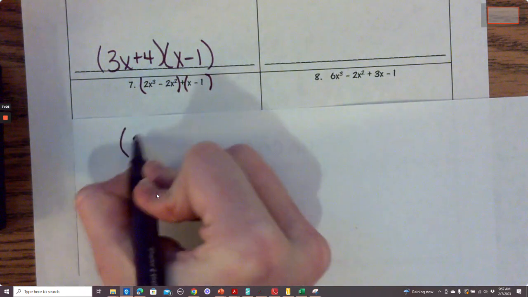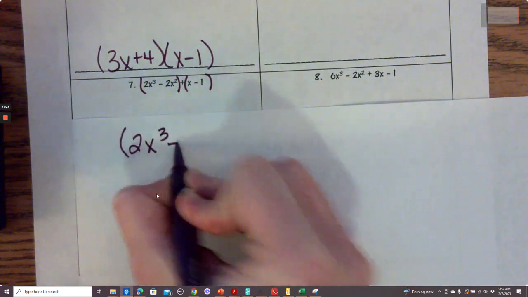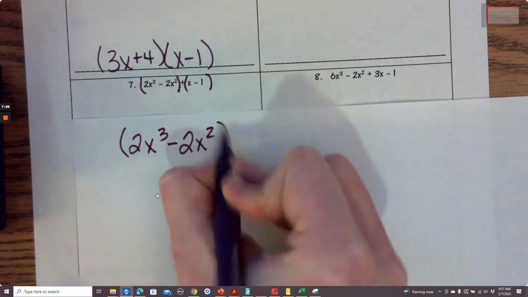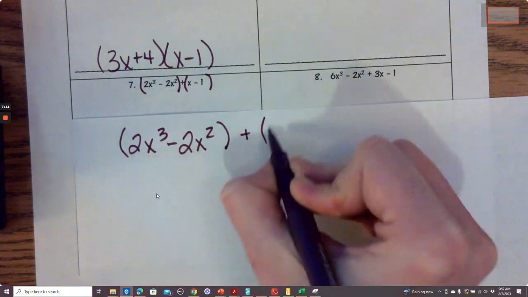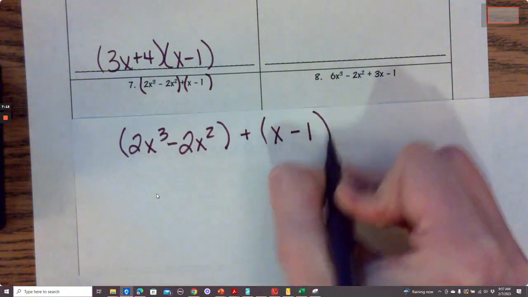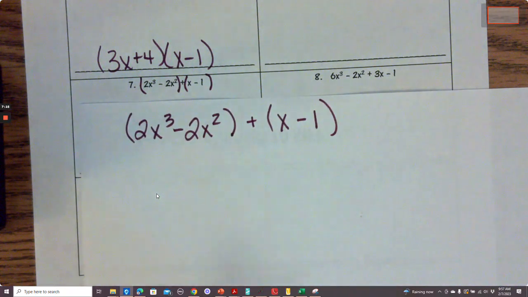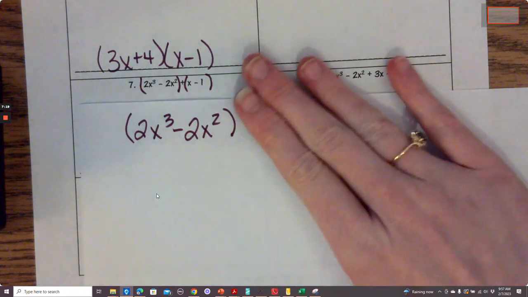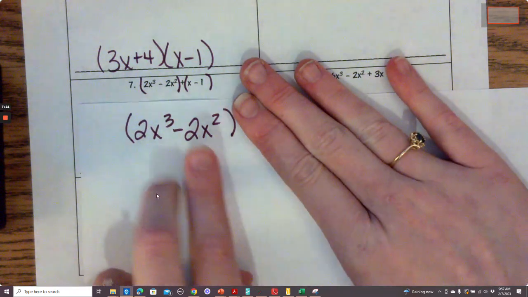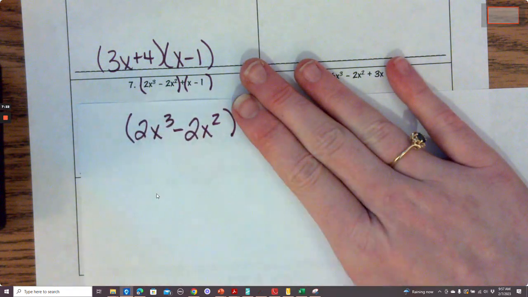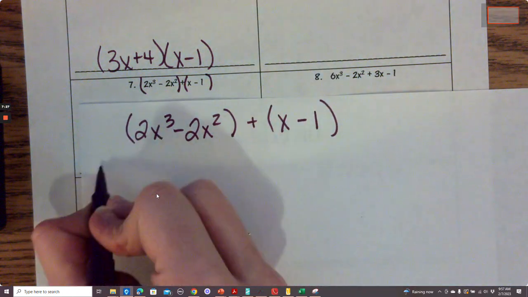So I'm going to do 2x cubed minus 2x squared, x minus 1. What I want to do is look at each group and see if there's a greatest common factor. Okay? So what do these 2 terms have in common? They have 2's, so they both have a 2.